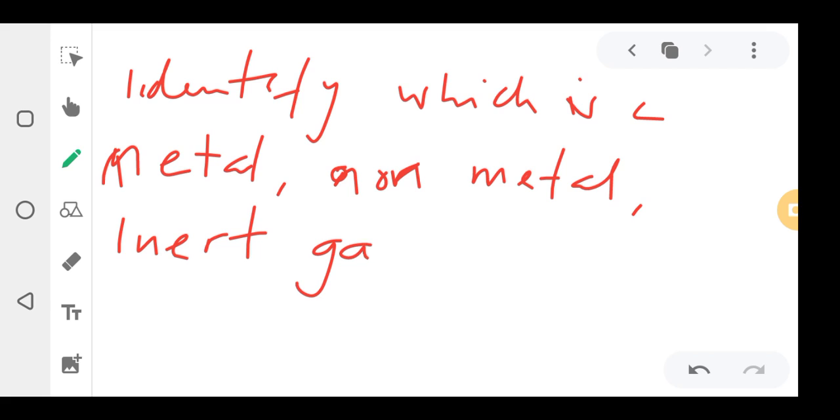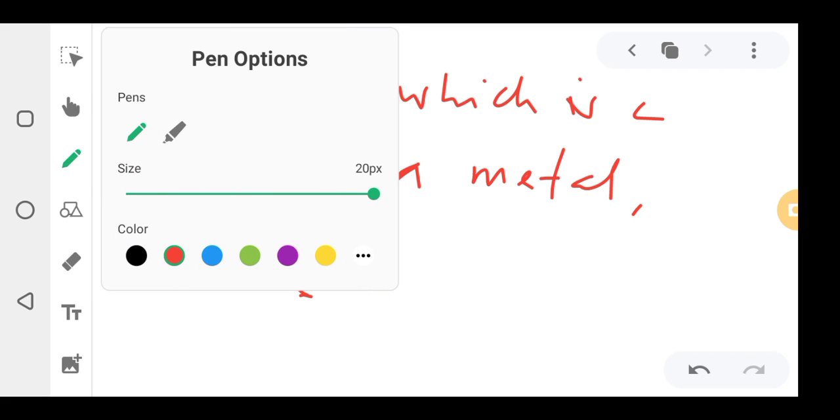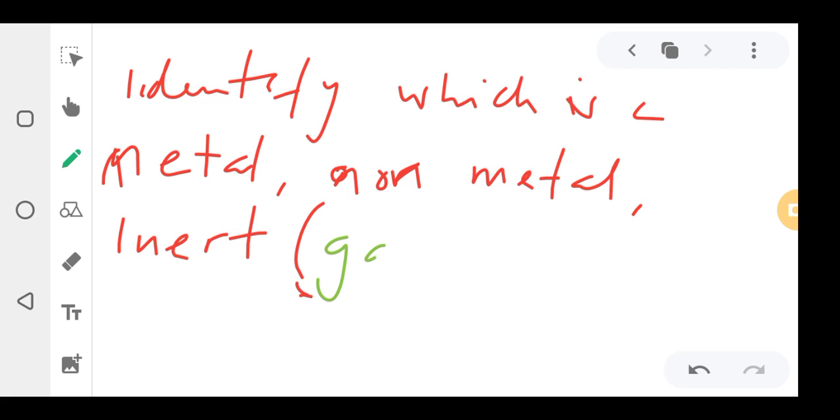Inert gas, meaning those ones. When I say inert, I mean noble gas. Okay, they're what you call noble gases. You are learning, it's part of you learning. Noble gases, meaning gases that are stable in their electronic configuration. You should know them. So this is the exercise.